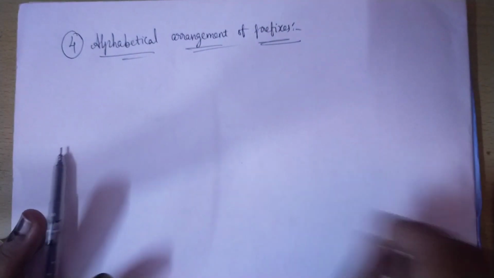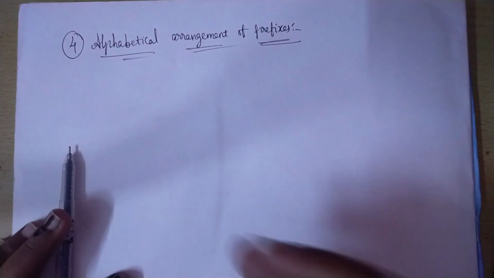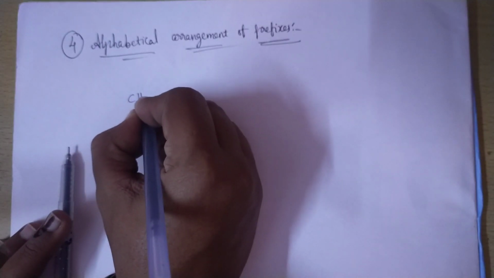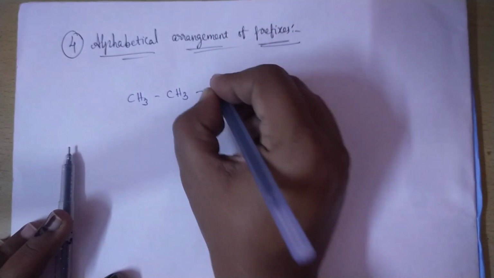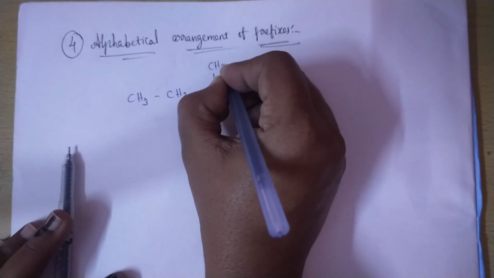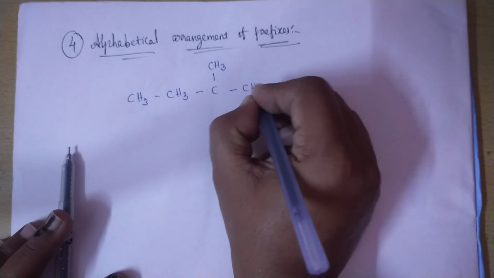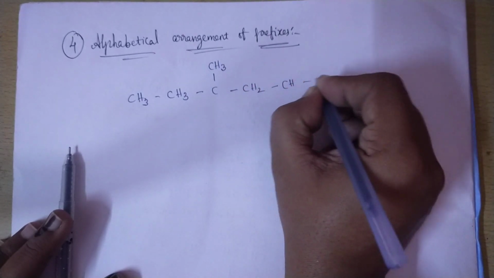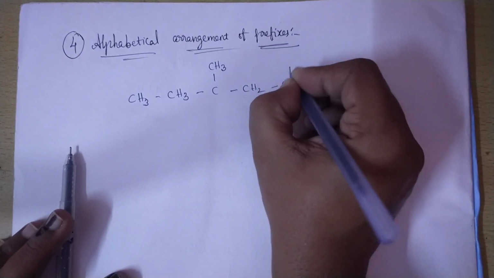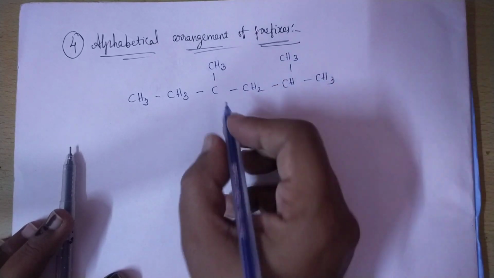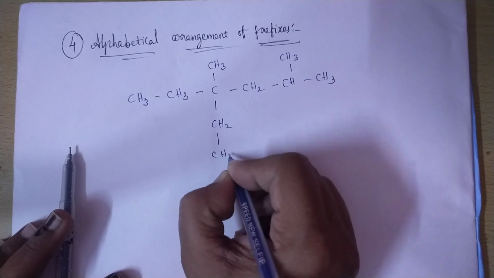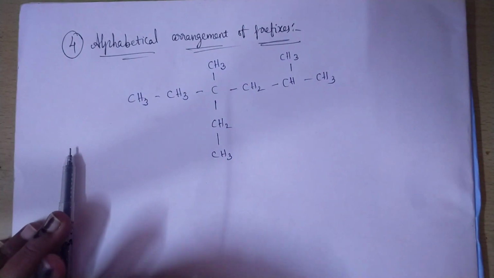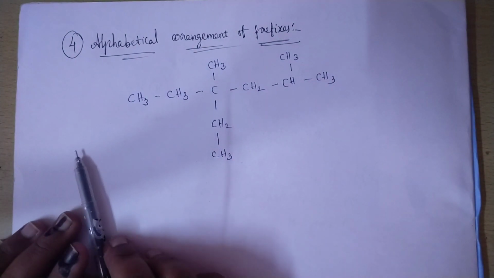According to this, if we check a structure, let's write the structure: CH3, CH3, C, and here one CH3, CH2, CH, CH3, here one CH2, CH3. Then we have to follow the rules.